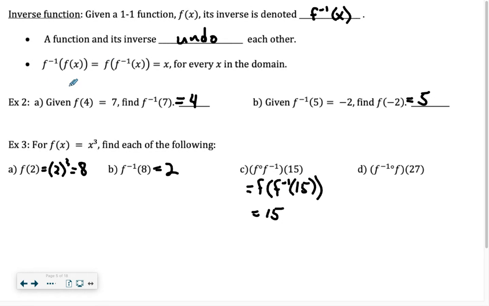Up here we said they cancel each other out and we're just left with x. In this case, we're plugging in a value, so that would just be 15. Same idea here. f inverse of f is just like this, and this time we're plugging 27 into that. So these undo each other. They cancel each other out, and that's just equal to 27.